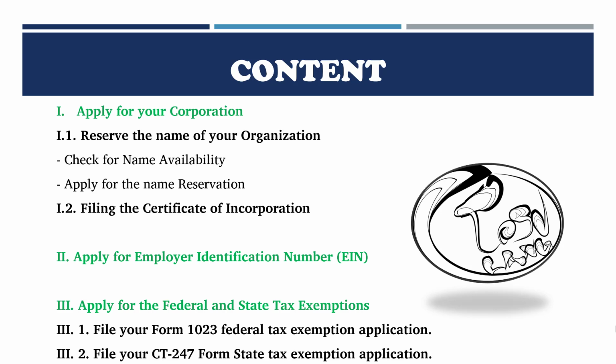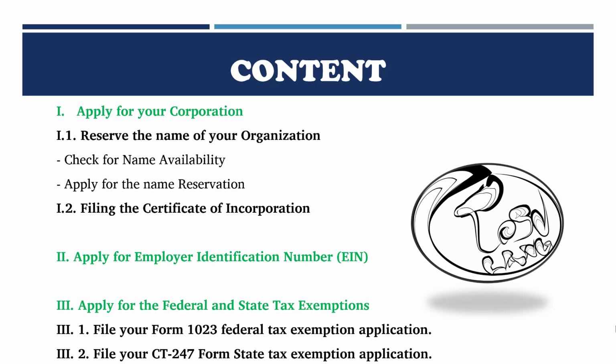How do you do that? You check the name availability, you apply for the name reservation, and the second step in order to apply for your corporation is to file the Certificate of Incorporation. We are going to see that in detail in the next coming slides.